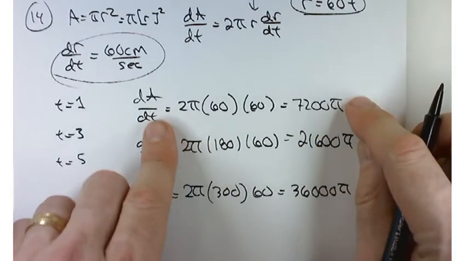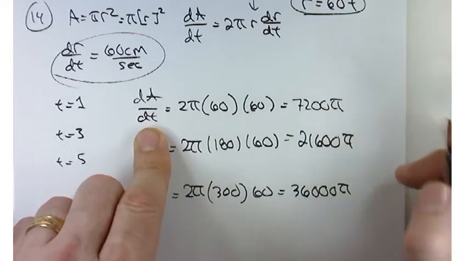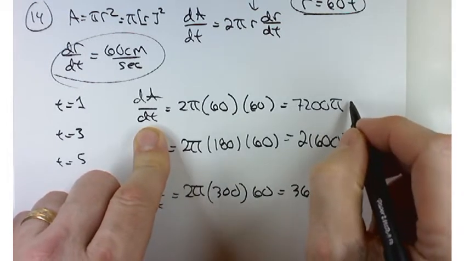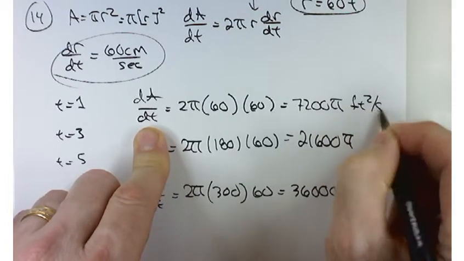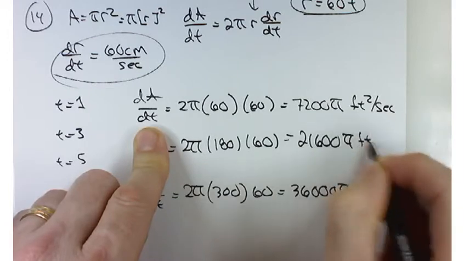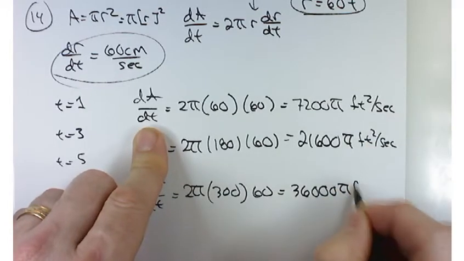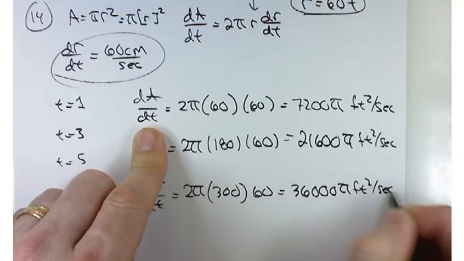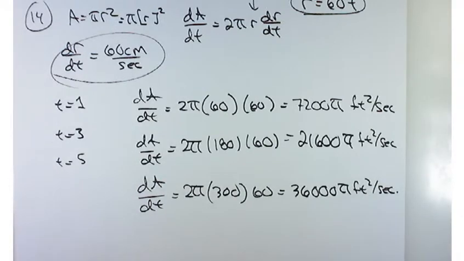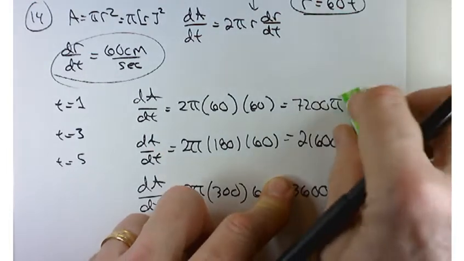Now this is the change of the area with respect to time. So that would be in feet squared per second. Oh, is it in centimeters? Oh, crap. All right.